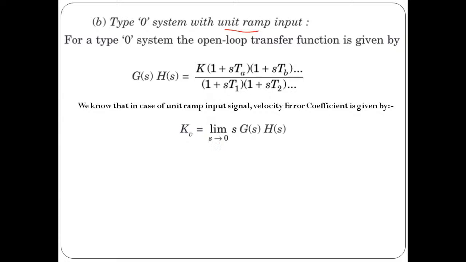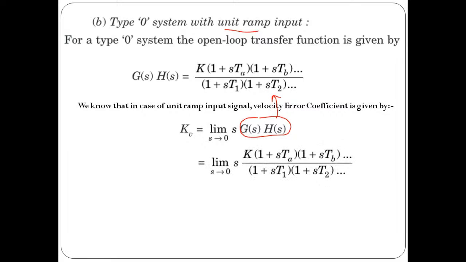So the moment you replace this G of s into H of s by this expression and try to calculate, the value of Kv is going to be 0. And the moment Kv is 0, you can calculate ess, that is steady state error. It is going to be 1 upon Kv, which is 1 upon 0. It is going to be infinite.